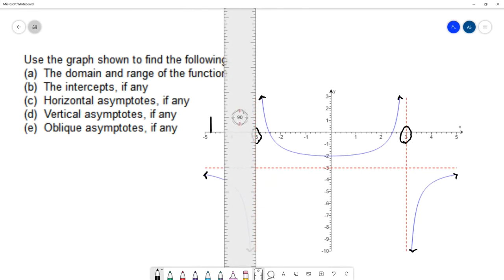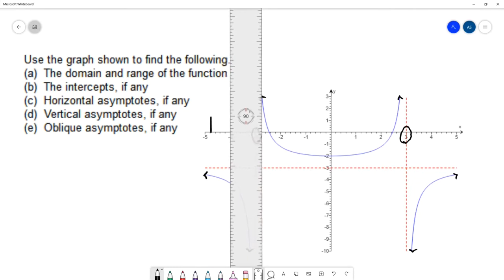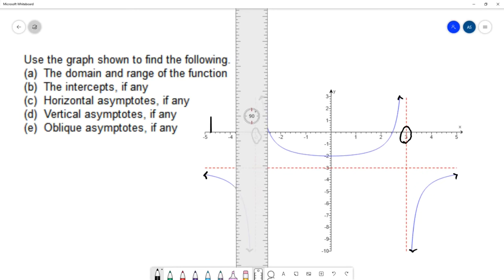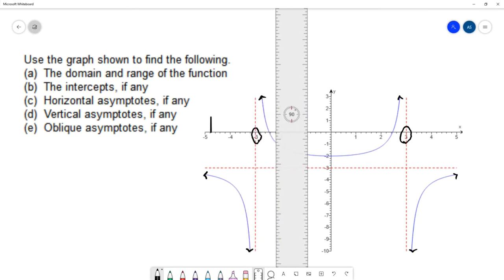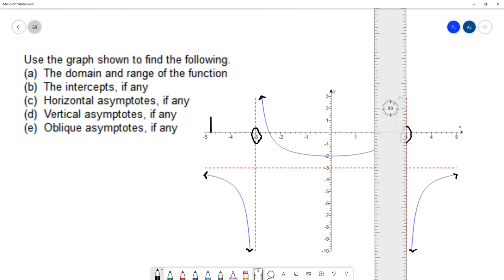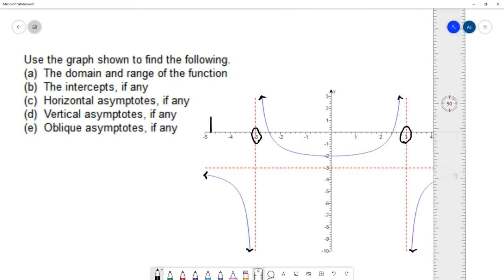What I mean by covered is that I'm touching the graph, and if I'm touching the graph, I'm also having an x value at that place on the x-axis. So it's covered all the way except for those two asymptotes.